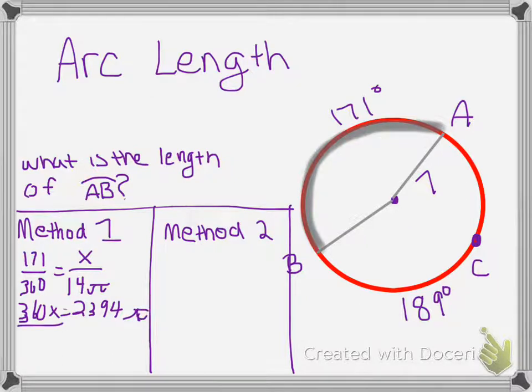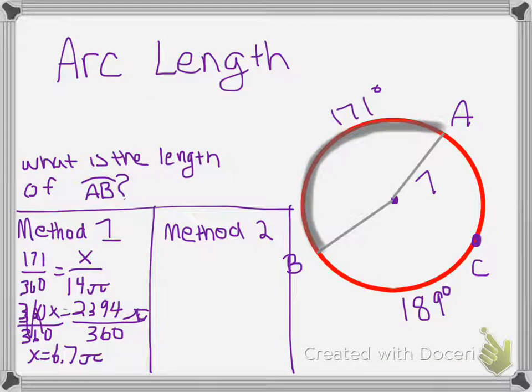Now I need to divide by 360. Remember, pi is just tagging along, so 2394 divided by 360 gives me 6.65. So x equals 6.7 pi. That is the length of the arc.